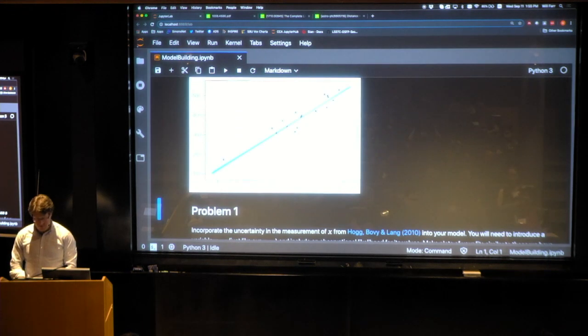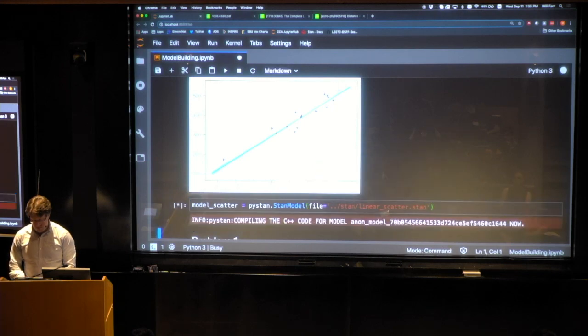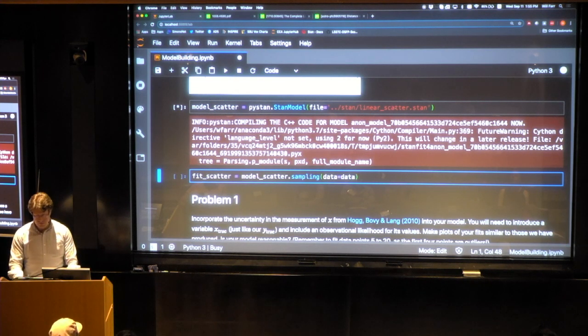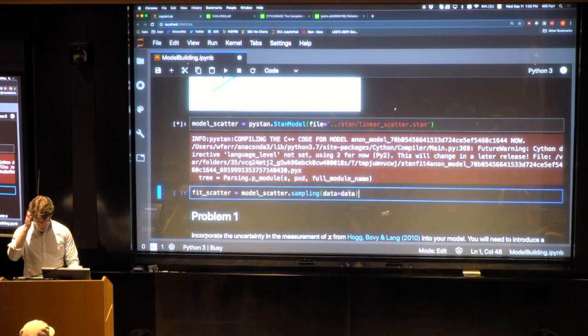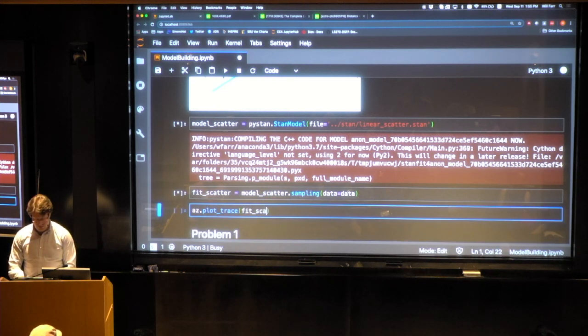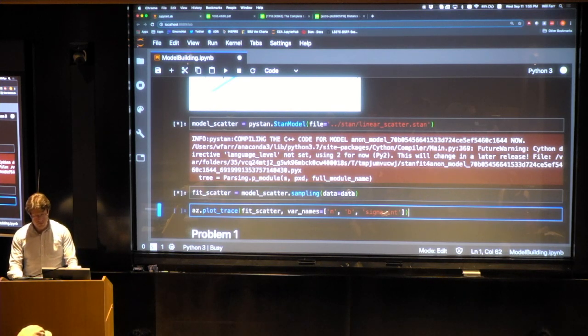Let's see what happens. I wish my computer were faster.